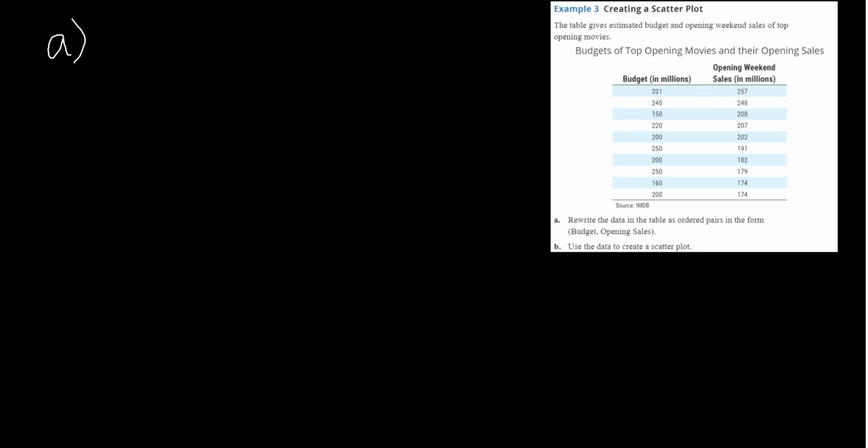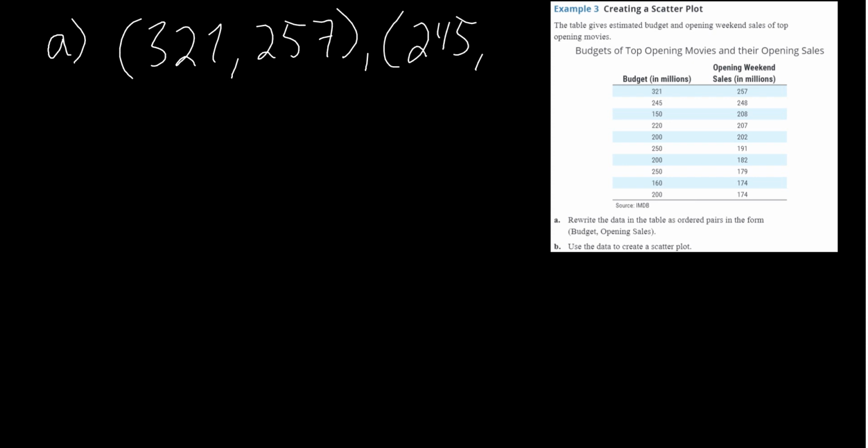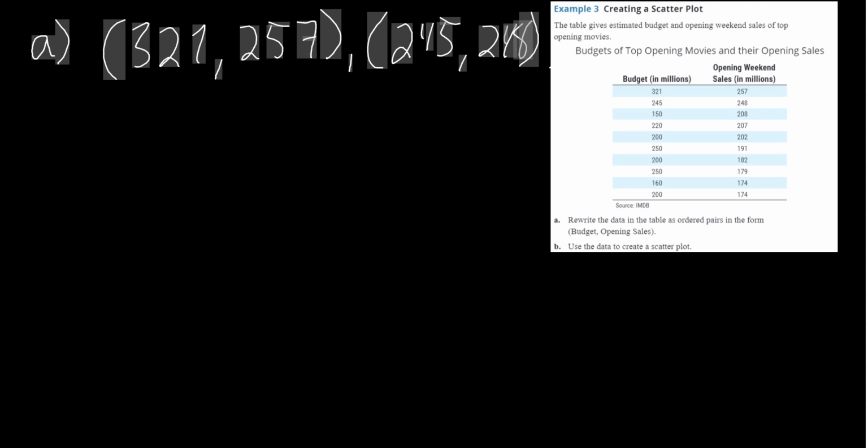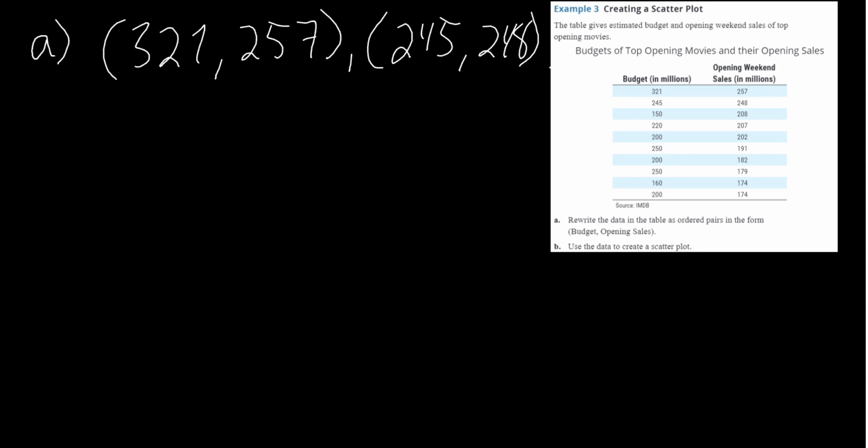First thing, we're just going to start going. We're going to say 321 and 257. 245, 248. Huh. All right, well, I still end up running out of room there. Let's move this to the left a tad. There we go. Perfect, okay.